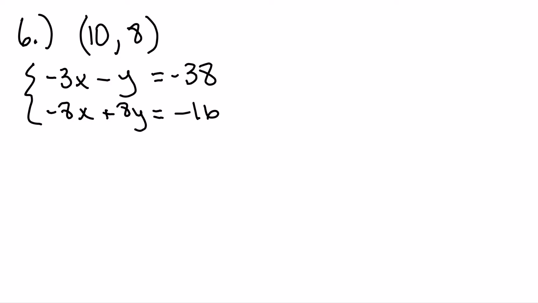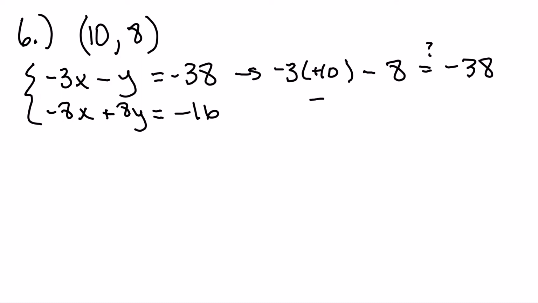All right, so number 6, I have 10, 8. I'm going to check the first one. I'm going to say negative 3 times positive 10 minus 8. Does that equal negative 38? I get negative 30 minus 8. That is negative 38. So I'm good so far.